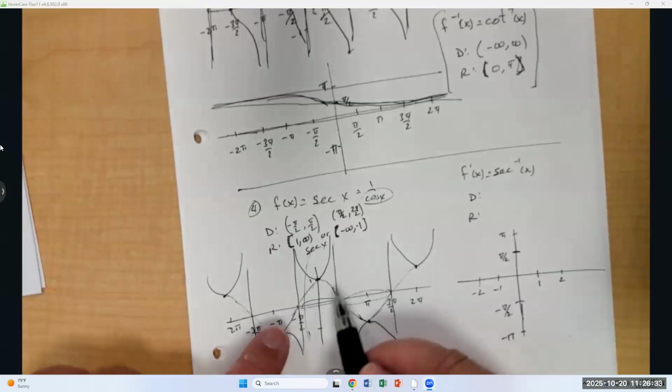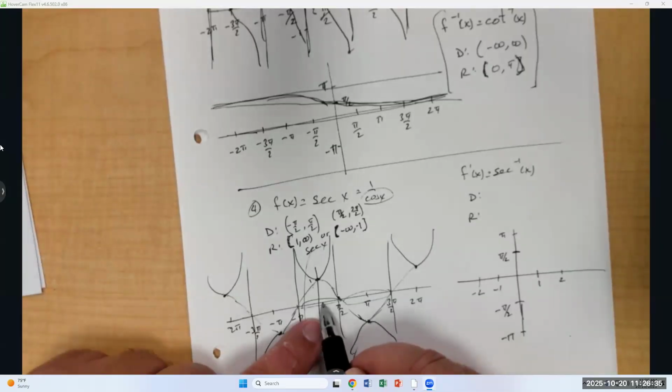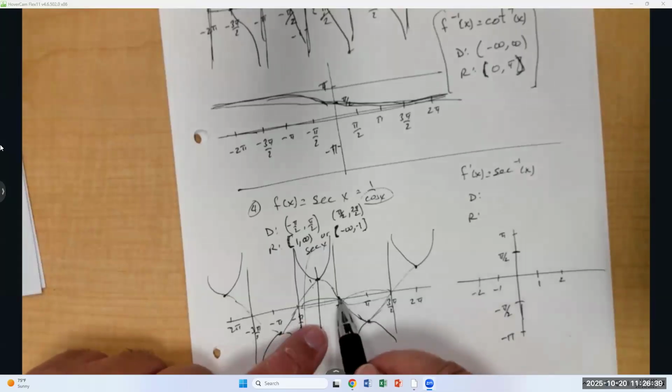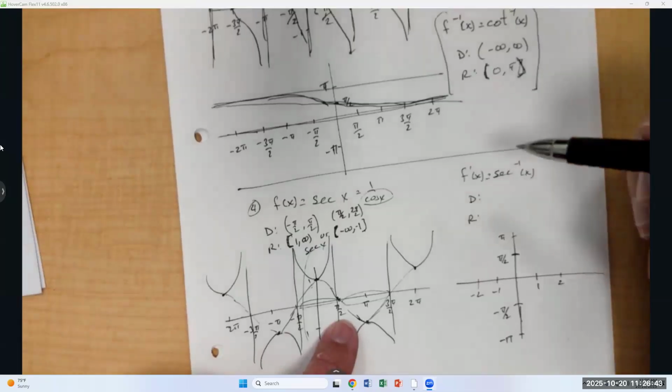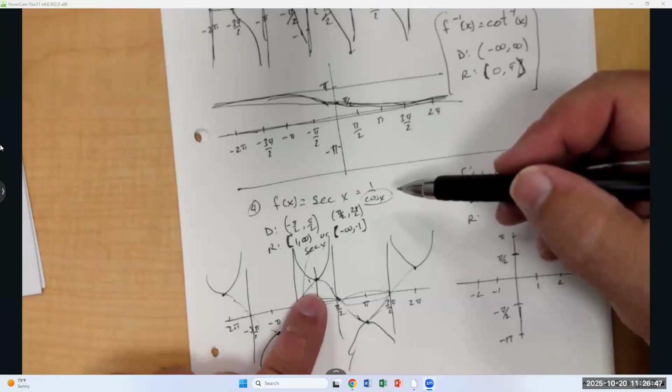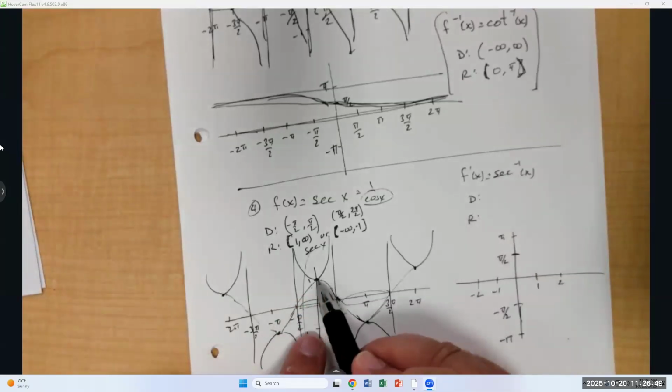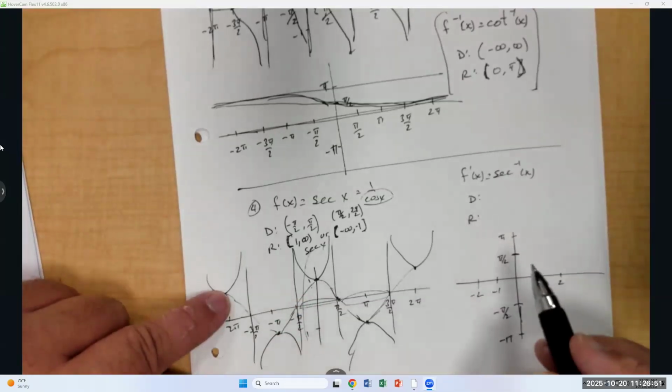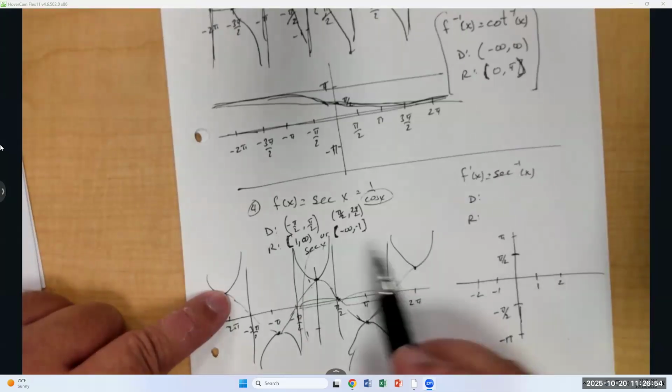So for the first one, when x is pi over 2, it's an asymptote, so it can't go there. Our graph will look like this. When is it equal to 1?